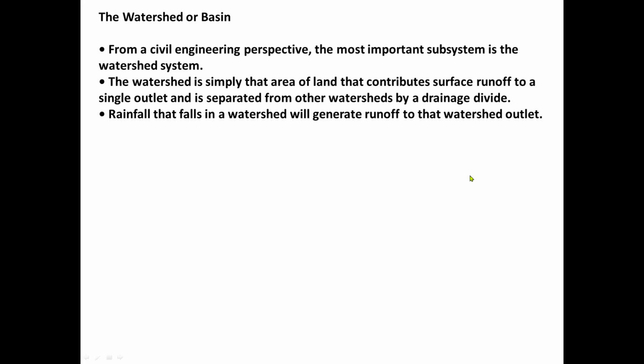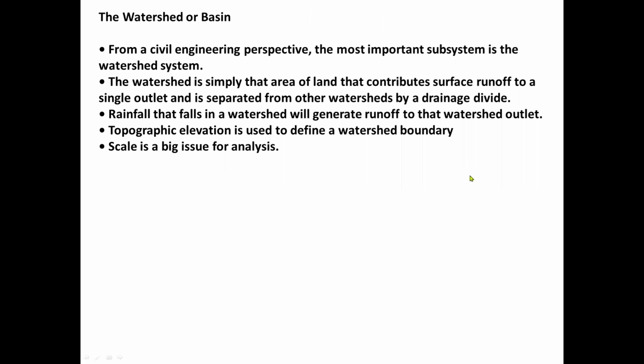Rainfall that falls in a watershed will generate runoff to that watershed outlet. Topographic elevation is used to define a watershed boundary. Scale is a big issue for analysis.